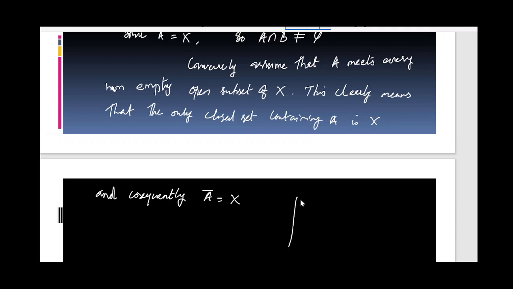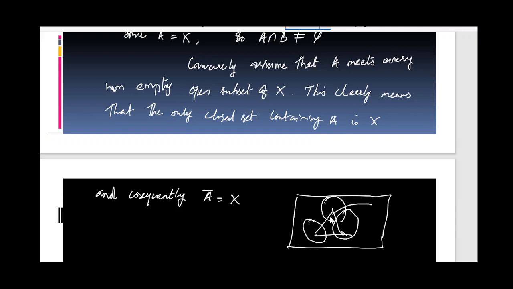So we are having a topological space here. Now our set is A, suppose this triangle-shaped one is A. In order to find its closure, I have the condition that all the open sets have non-empty intersection with A. So all these points are going to be interior points.